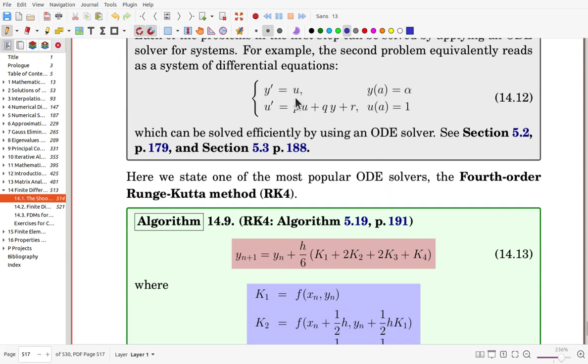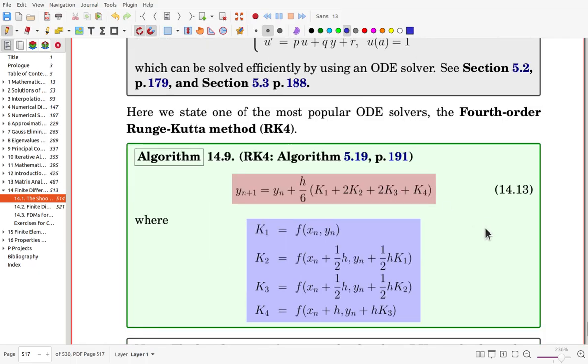For solving this problem, we may consider the fourth order Runge-Kutta method, RK4, which is formulated in this way. After partitioning the interval, step by step, we try to get the value at the next point from the earlier point value in this way.